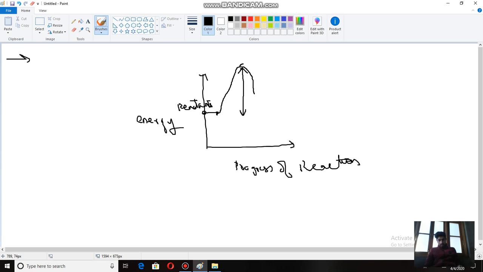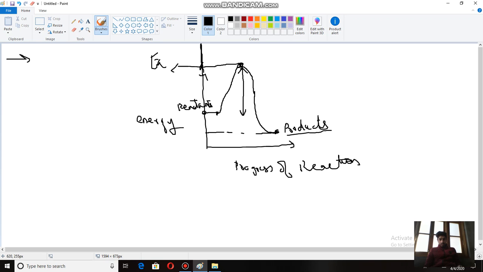So from this stage, at reaching this energy level, this energy will be activation energy, EA, and then they will try to form products, and products will be at the lower energy level than the reactants. These will be products.